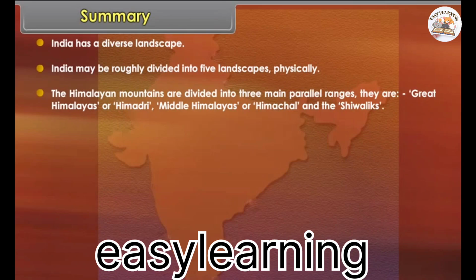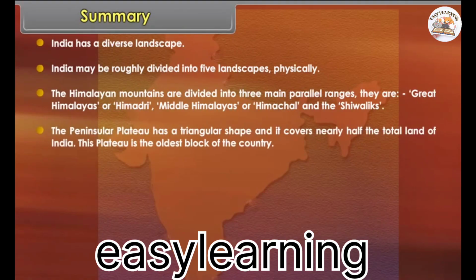Summary. India has a diverse landscape. India may be roughly divided into 5 landscapes physically. The Himalayan mountains are divided into 3 main parallel ranges.